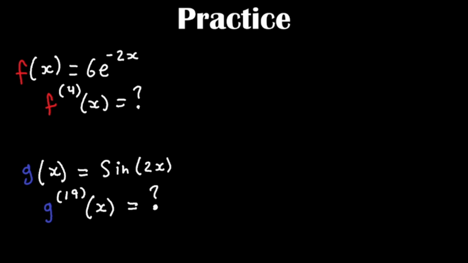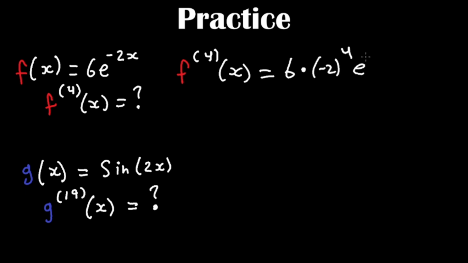Notice that we do have a 6 out in front. That doesn't really change anything, because it's just going to stay out in front when we take the derivatives. So the fourth derivative of f is going to be 6 times, we're differentiating 4 times, so we're going to have 4 powers of negative 2.